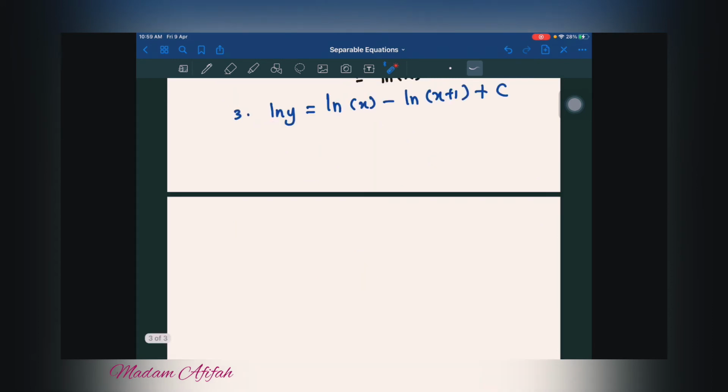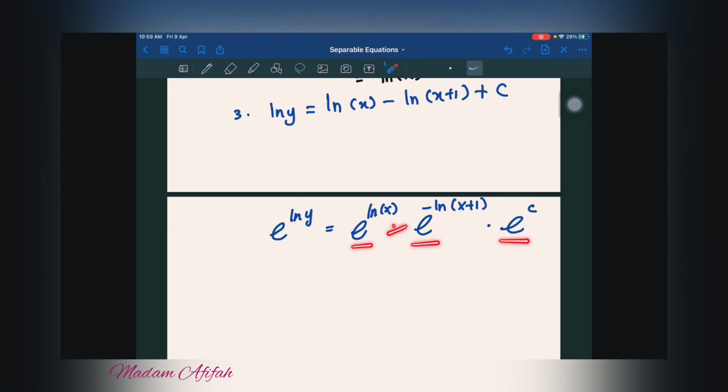Applying the exponential to both sides will give you e to the ln y equals e to the ln x multiplied by e to the negative ln (x plus 1) multiplied by e to the c.